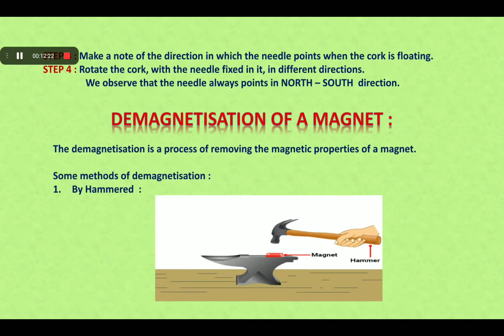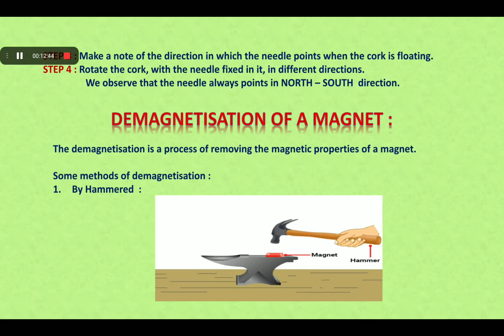Now, the next topic is demagnetization of a magnet. Students, there are several methods to magnetize and demagnetize an object. Firstly, magnetization.